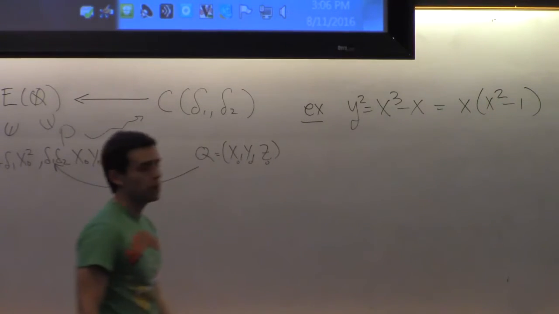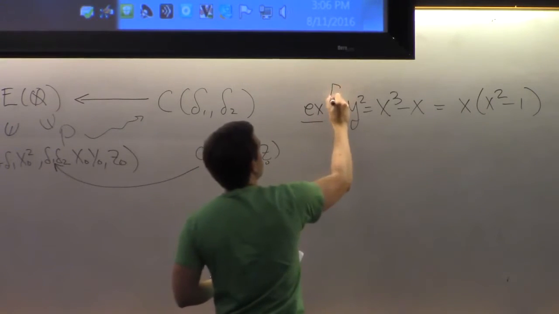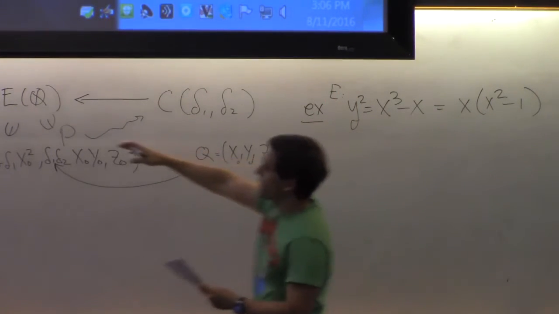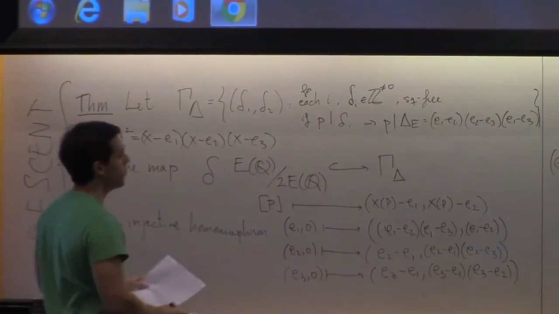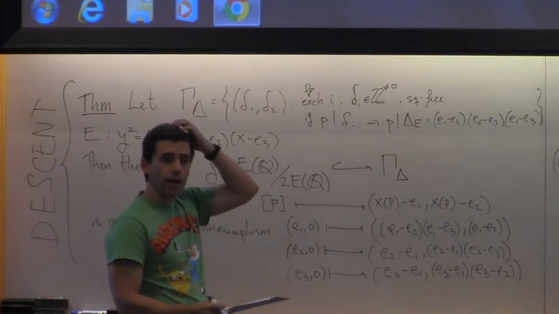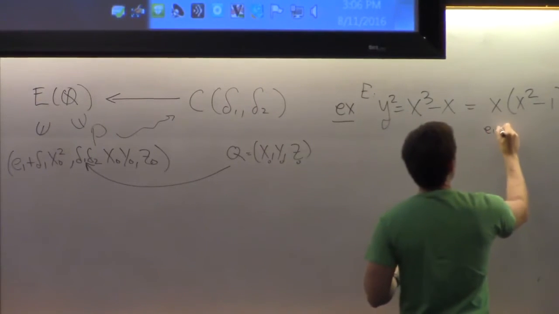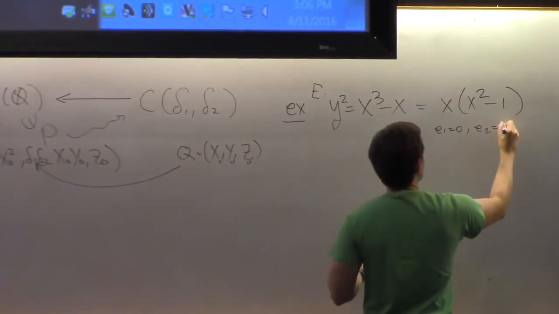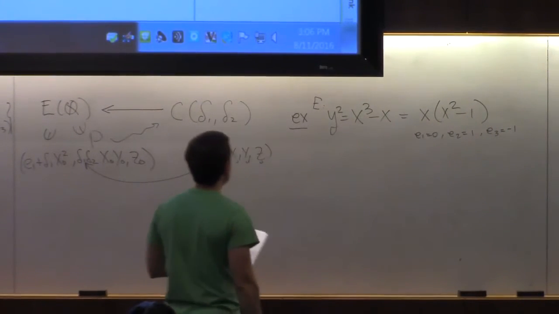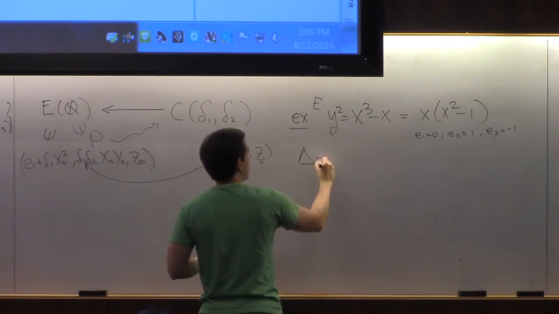Okay, so this is my elliptic curve E. Remember we defined this map, an injective homomorphism, and I'm going to use it to calculate what the rank is. Here my E1 is 0, my E2 is 1, my E3 is -1. What is the delta here?